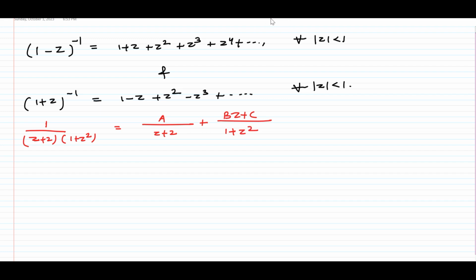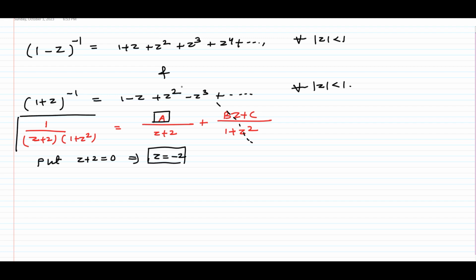So see here, for finding the value of a, we need to forget this term, so we need to put z plus 2 equal to 0. So now here the value of z will be negative 2. Now concentrate on the left hand side, the whole term; we have to forget this term.